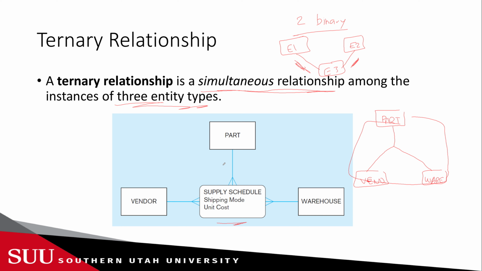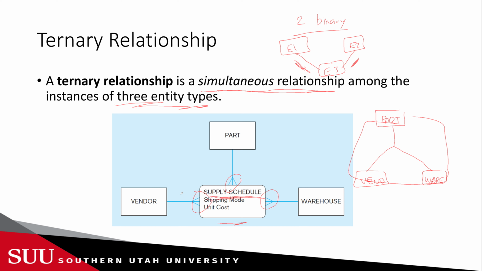Now, how can we read this? It can be read multiple ways. So you can say a vendor supplies a part to a warehouse. A part is supplied to a warehouse from the vendor, and then we say the warehouse gets the parts from the vendor. Now, as for cardinality constraints, we will talk later about how to read them when you have an associative entity.